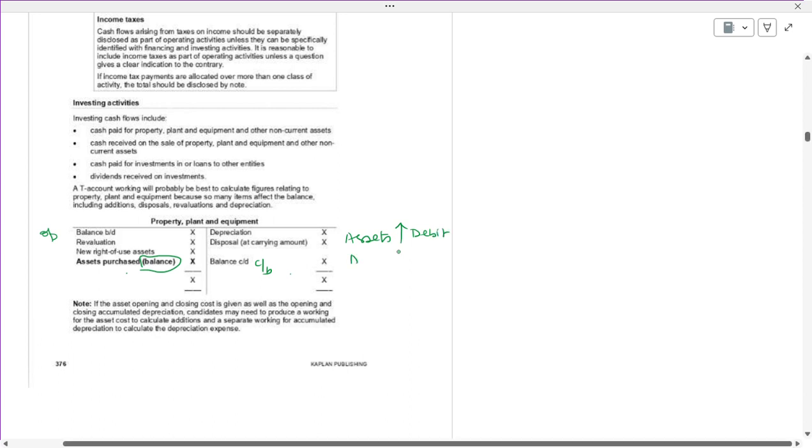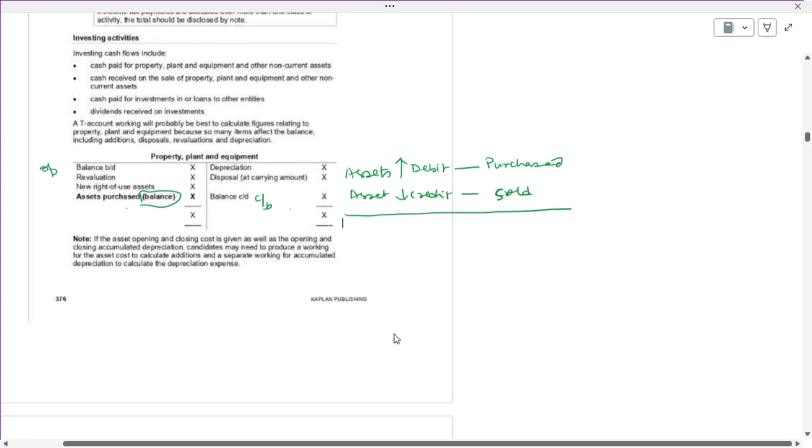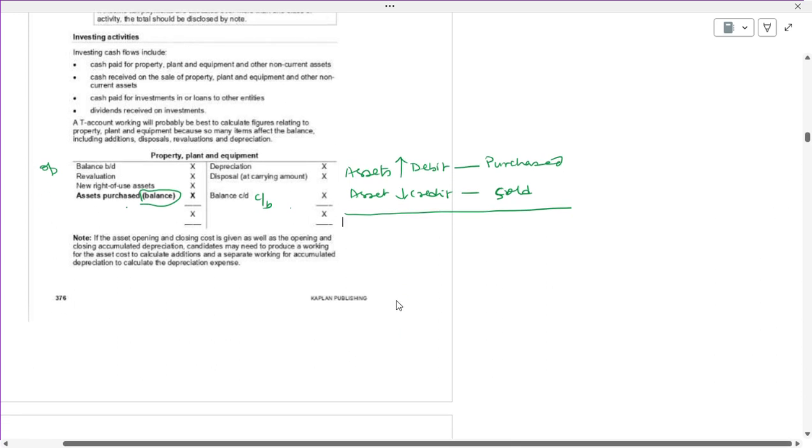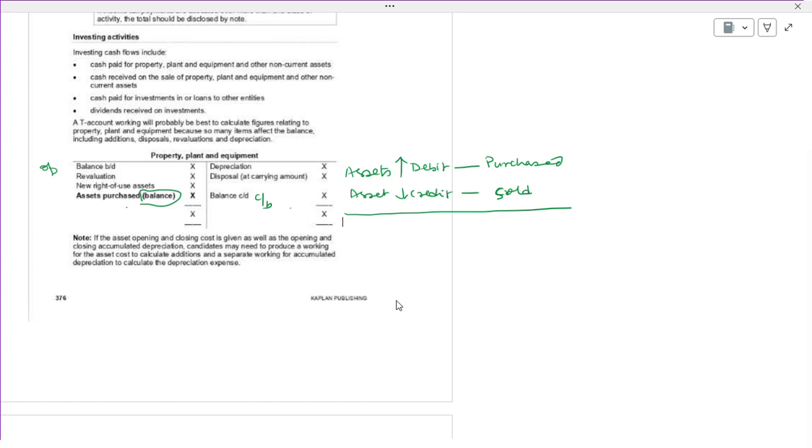If an asset is decreasing, it is credit. If an asset increases, it means it is purchased. If an asset is on the credit side, it means it has been sold. Rules are rules. Rules will never change. Understand? I will say once a rule is a rule, it will never change at all, forever.